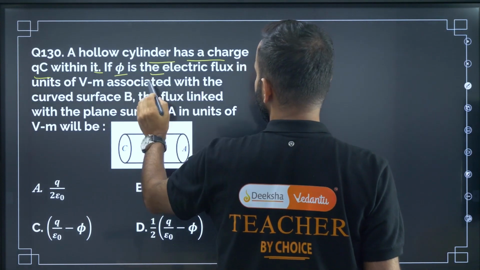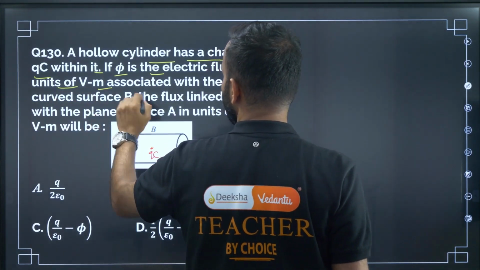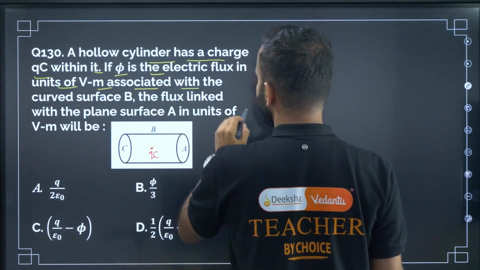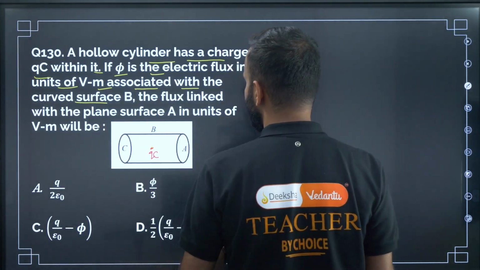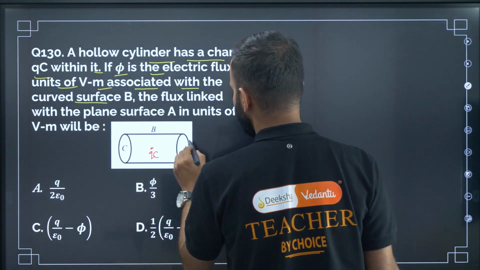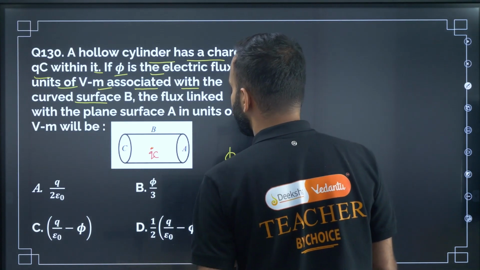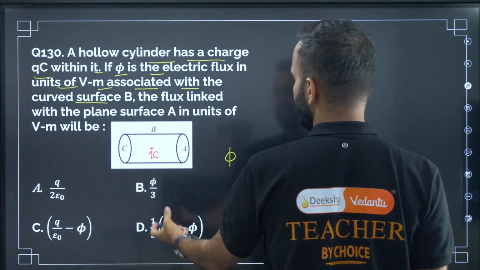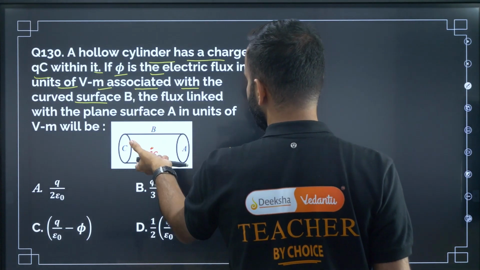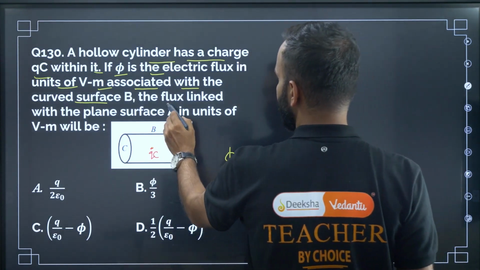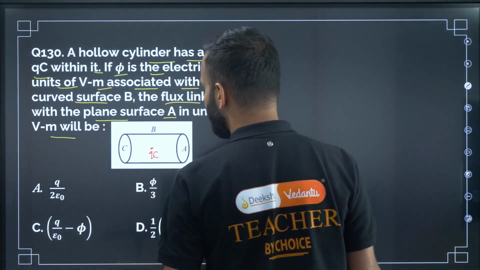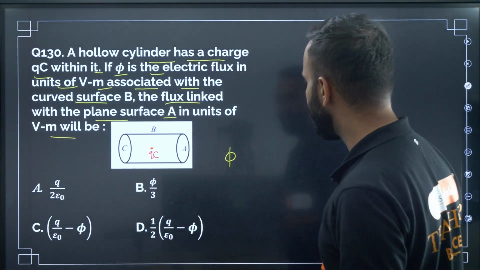If phi is the electric flux in units of volt-meter associated with the curved surface B, the electric flux through surface B is phi. The flux linked with plane surface A in units of volt-meter will be, we need to find the flux linked with A.